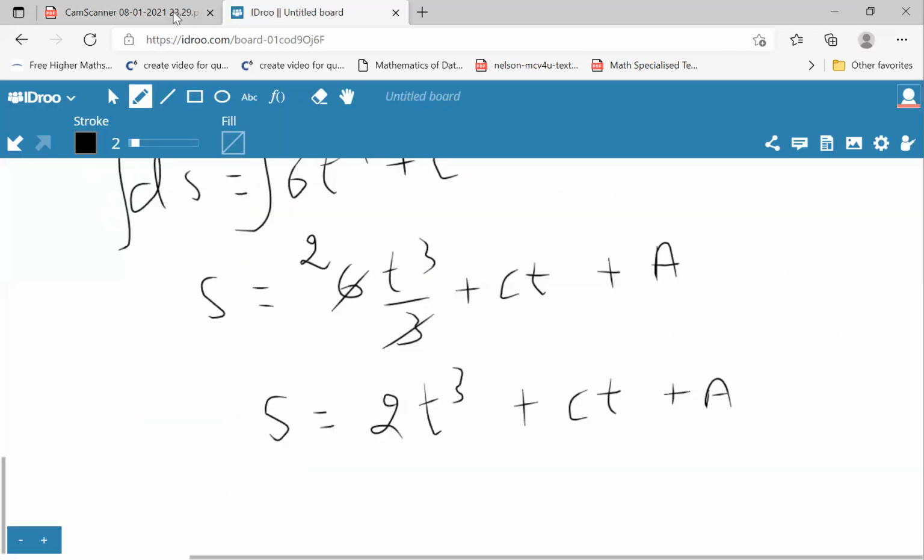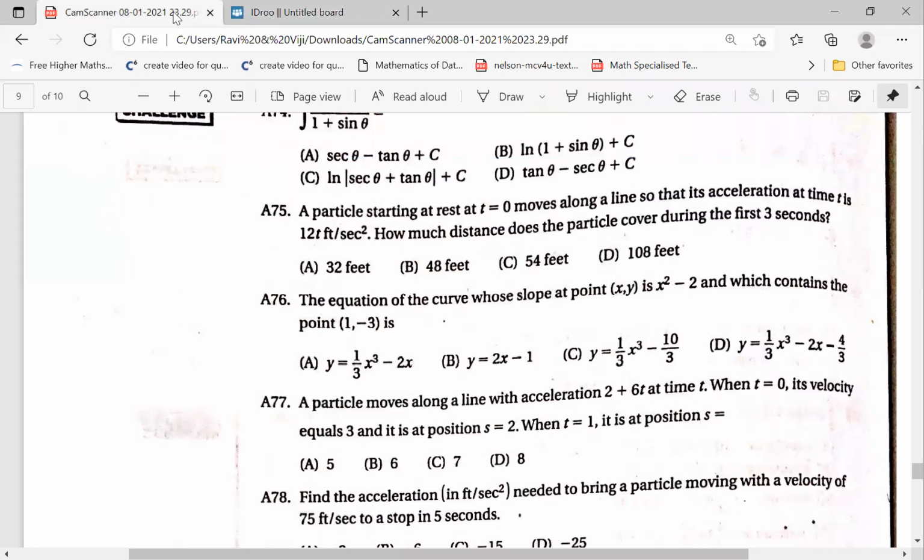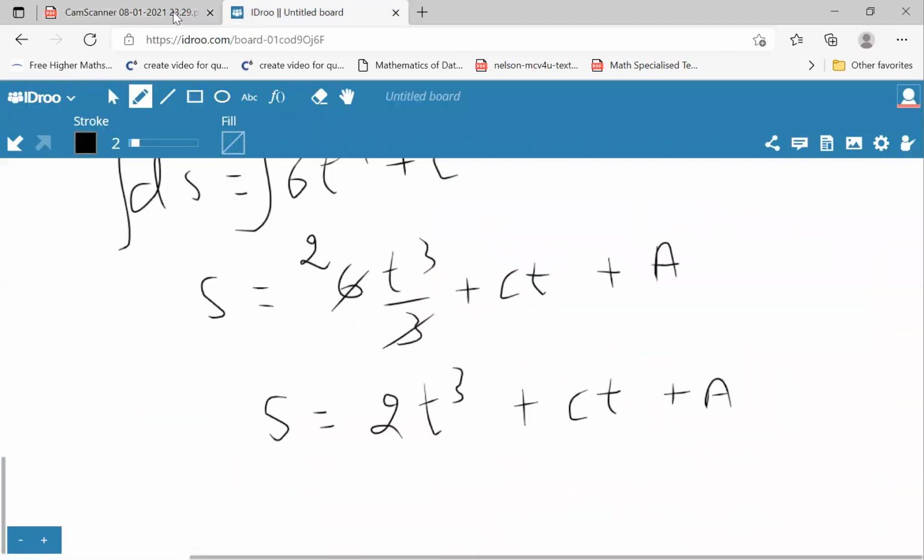So this can be actually done within the limits 0 to 3.